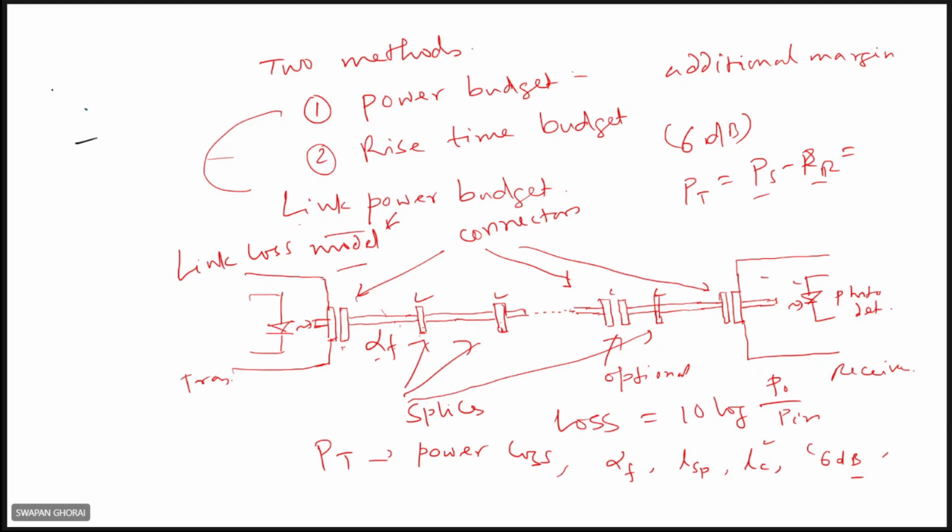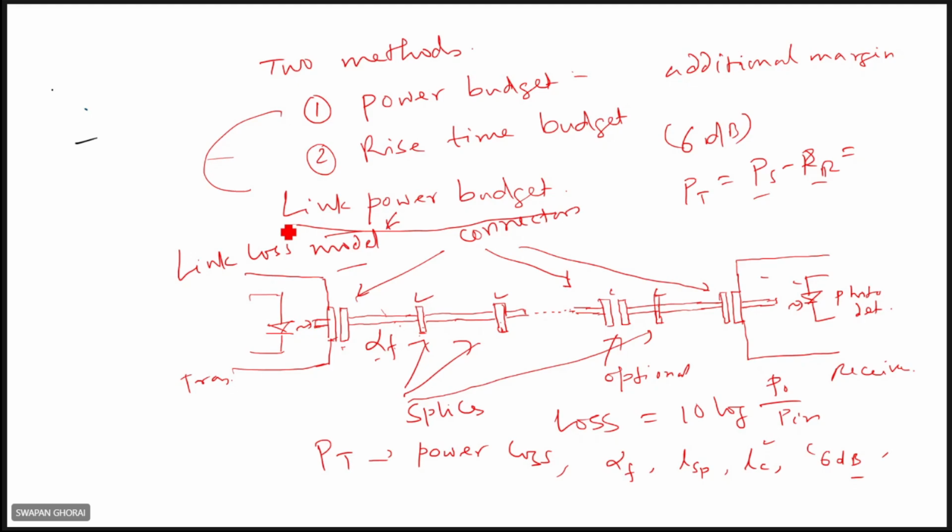You need some distance, you need some data rate, and you need to satisfy some bit error rate. To determine the performance evaluation, you have to consider two methods: power budget analysis and rise time budget analysis. In the power budget analysis, generally one considers the link loss models. Last time I discussed it; I'm just giving the highlights.